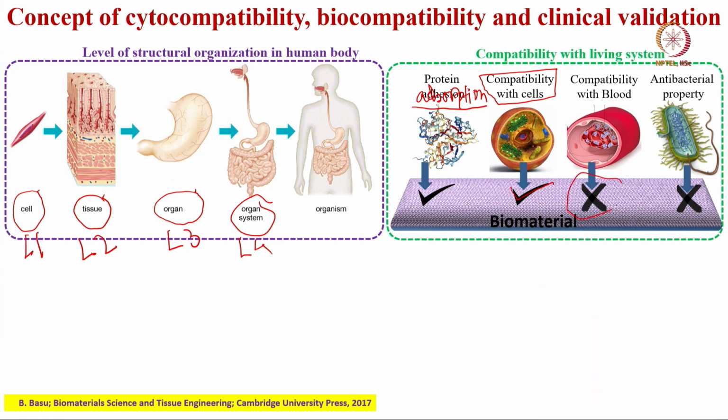Then comes compatibility with blood, like blood compatibility, and blood has different components. And then you have this antibacterial property, like bacterial adhesion, bacterial colonization. All this bacterial adhesion, bacterial colonization and more colony forming unit formation can lead to infection.